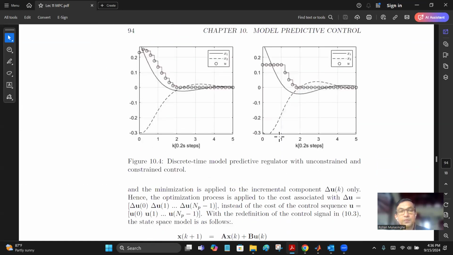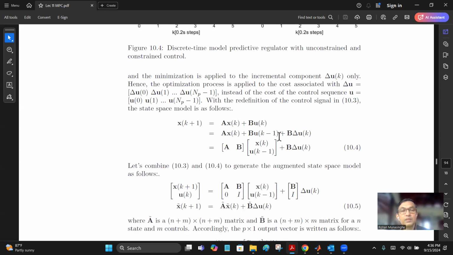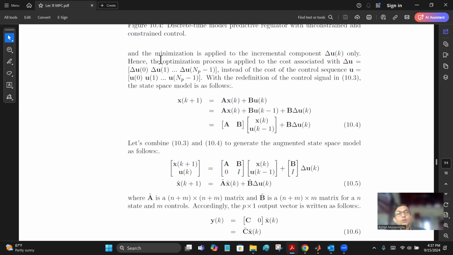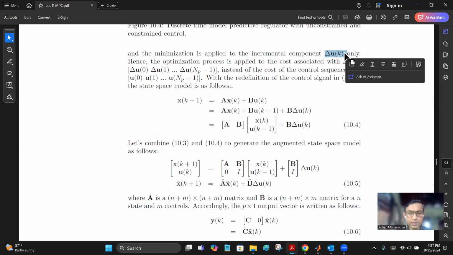Now, this is the earlier result. Now, the cost minimization is applied to the incremental component, delta u_k, as I said, right? Because in any minimization problem, you need to have this subject variable go to 0 towards the end as a requirement.